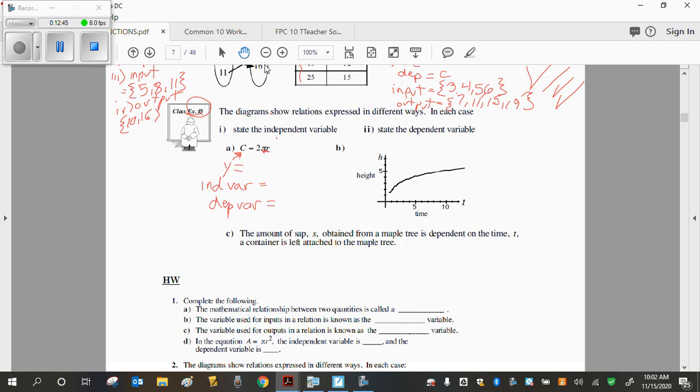And you have to see the number pi as a number. 3.141529, blah, blah, blah. So pi is not a variable. It is a number. So independent variable means x. That's the r. Don't put 2 pi r. Don't put pi r. It has to be r. And dependent variable, the y, is your c.